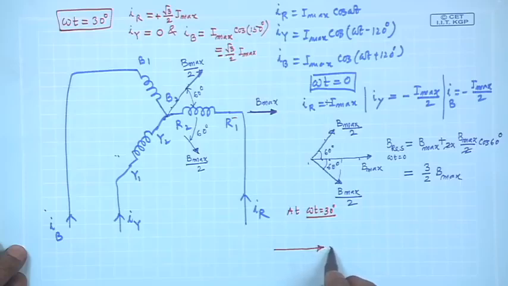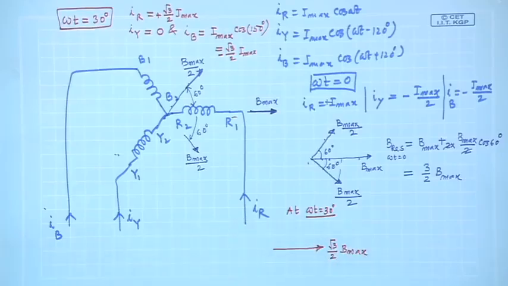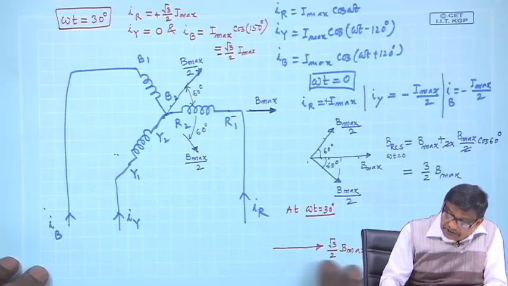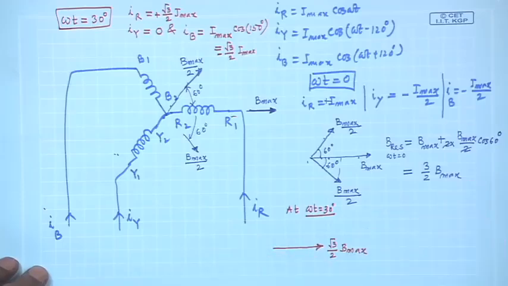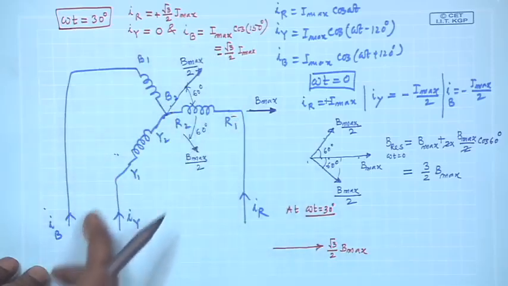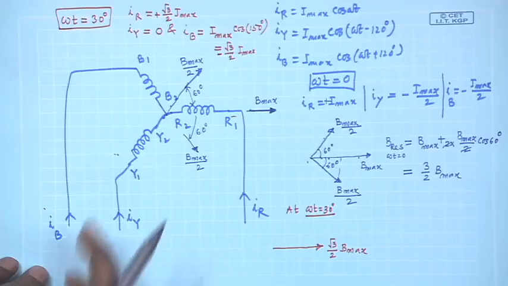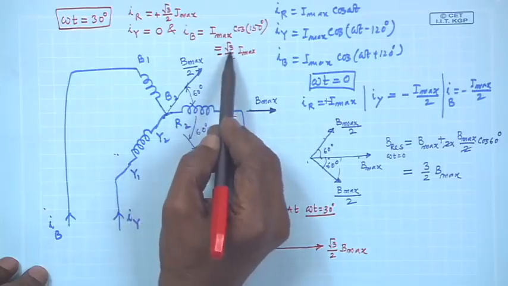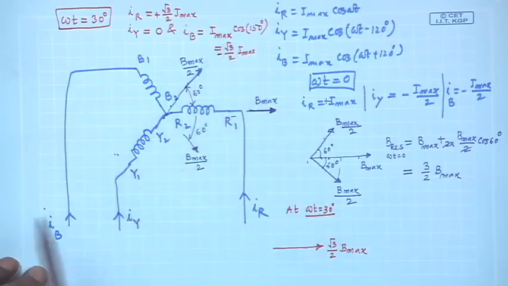So, the strength of this field will be root 3 by 2 into B max, because we have already assumed for I max current B max is produced. So, this will be the R phase field. Y phase there is no field, because I y is 0, no field along this line, but B phase will produce a field. Because B phase is carrying a current of minus root 3 by 2 into I max.